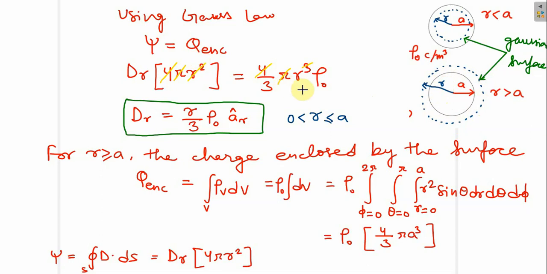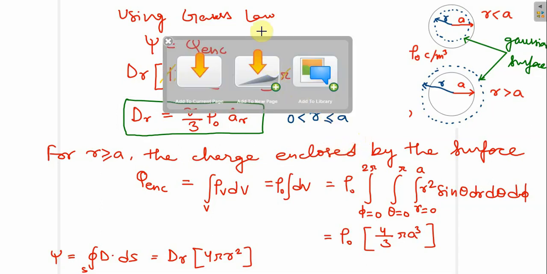Now let's see the characteristics between D and r. For that let me write these two formulas at one place.